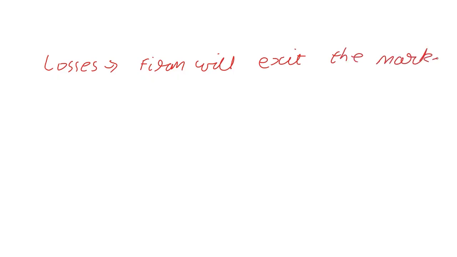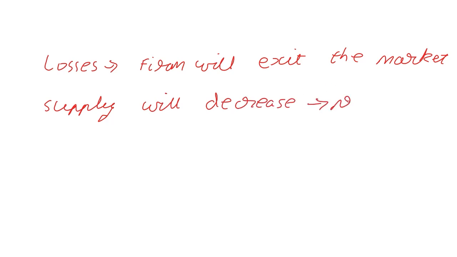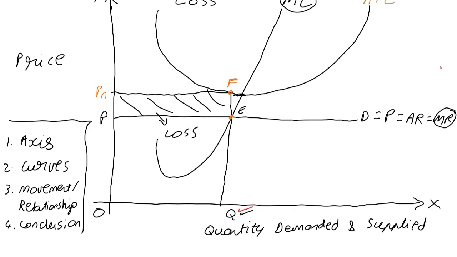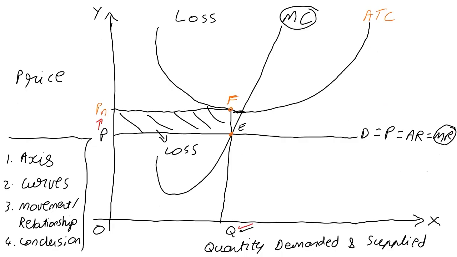If there are losses, some firms will exit the market. When some firms exit the market, the supply will decrease, and because of that, prices increase. You could have a situation where the price goes back up to the level of normal profit, and then we are back to a situation of normal profit. With that, I'm done.